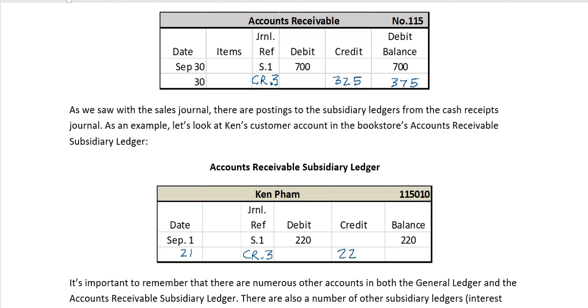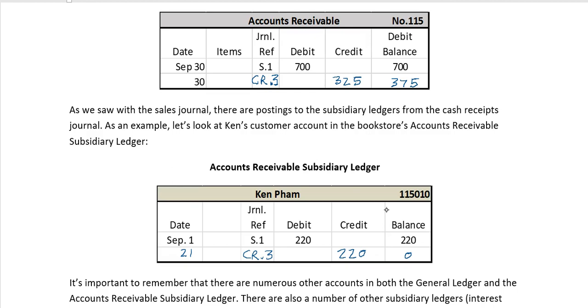Okay, so Ken's payment to us was on September 21st. We got the information from the cash receipt journal, page 3, and the credit was for $220, leaving us with an ending balance of 0. Note that this is just one of the 4 customers.